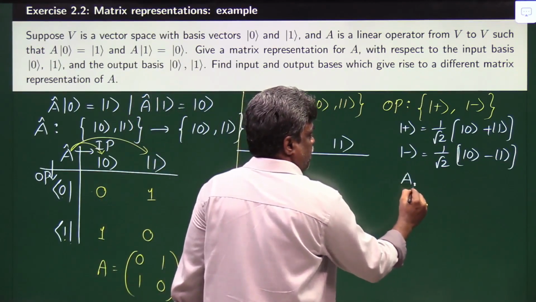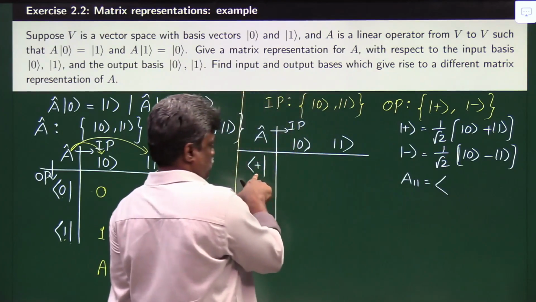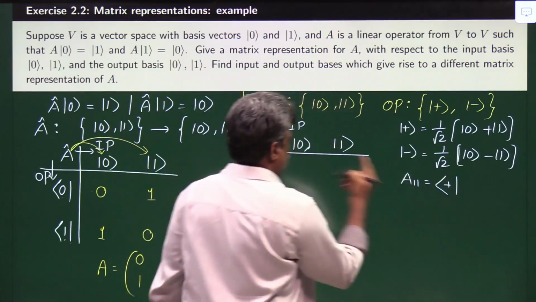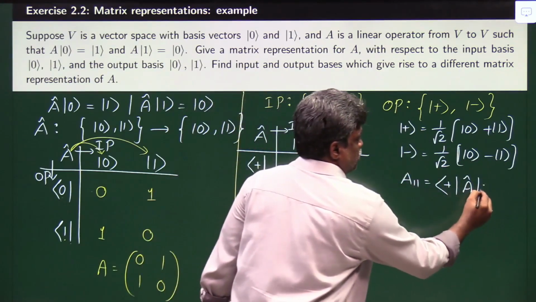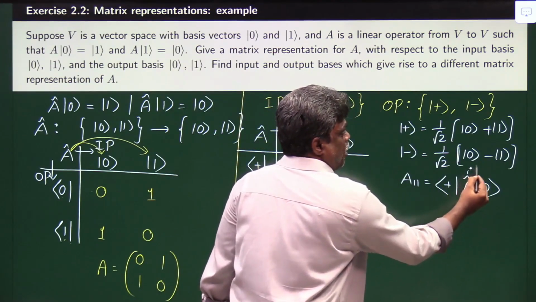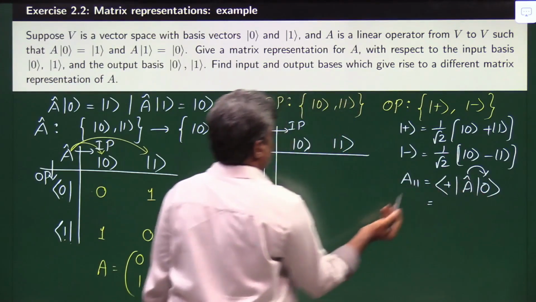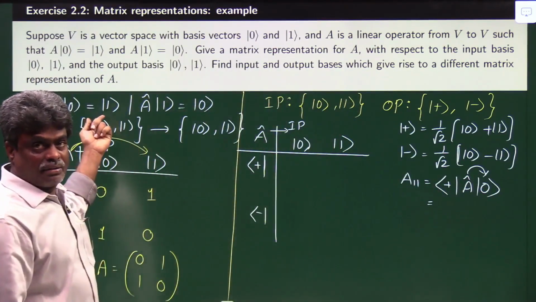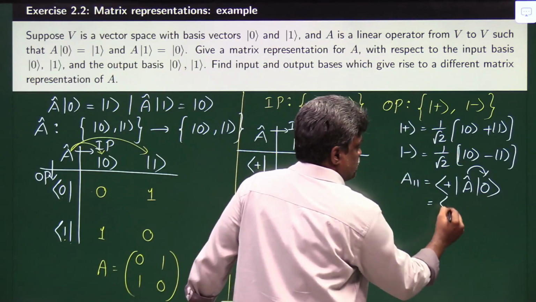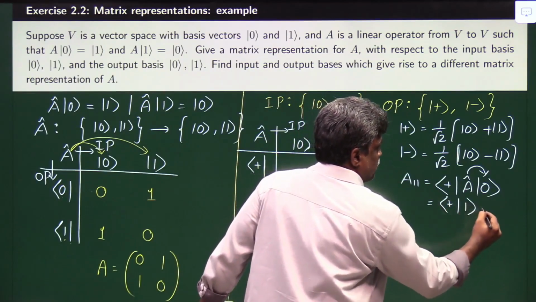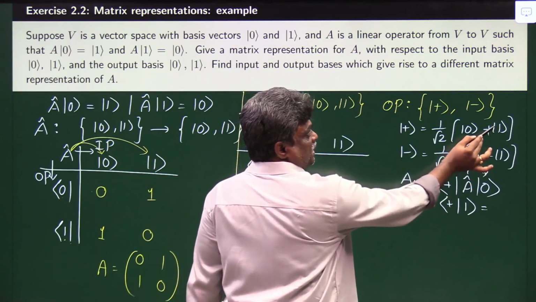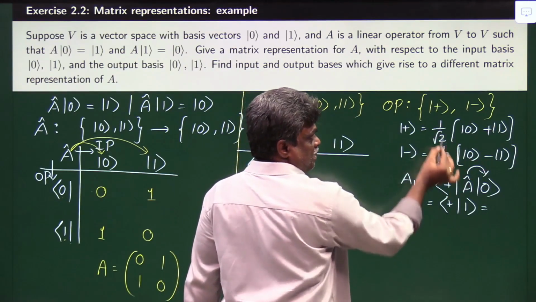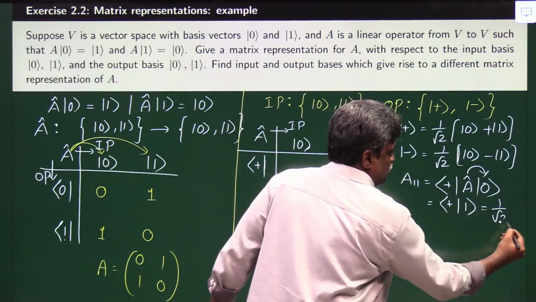So A11 equals plus, operator A, first column 0. That means A operates on 0. If A operates on 0, as already defined, we get 1. So this is the inner product of plus and 1. If you make the inner product of plus and 1, what do you get here? This coefficient. How much? 1 over root 2.